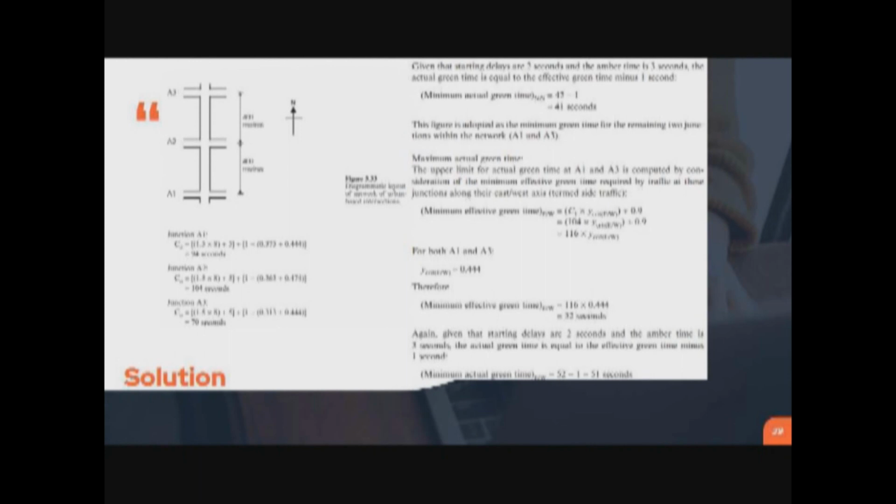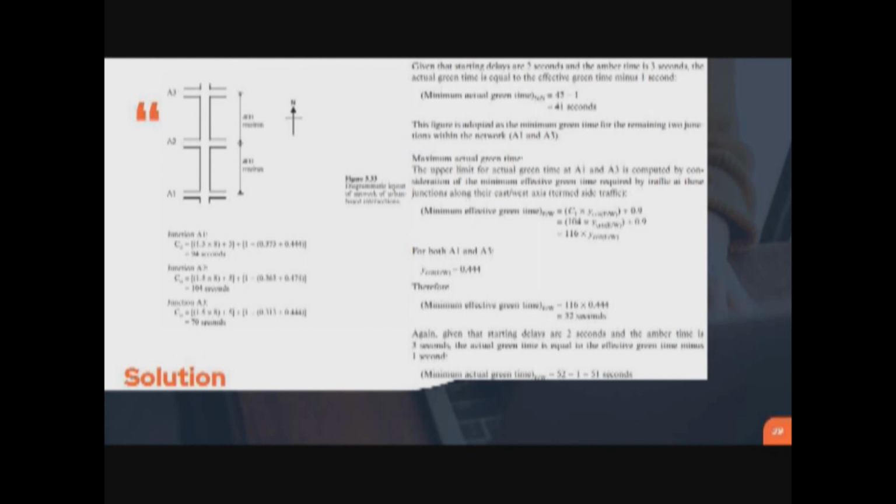Next, we will find the maximum actual green time. The upper limit for actual green time at A1 and A3 is computed by considering the minimum effective green time required by traffic along their east-west axis, termed side traffic. The minimum effective green time of the east-west is equal to C sub I times y critical of the east-west divided by 0.9, so we have 116 times y critical of the east-west.